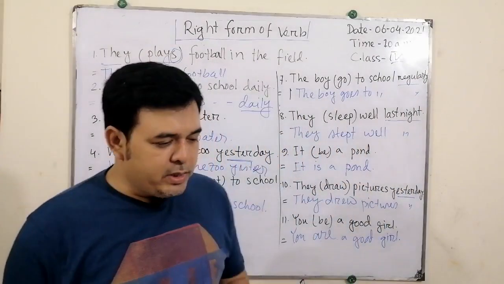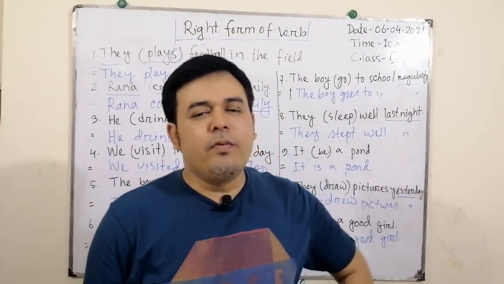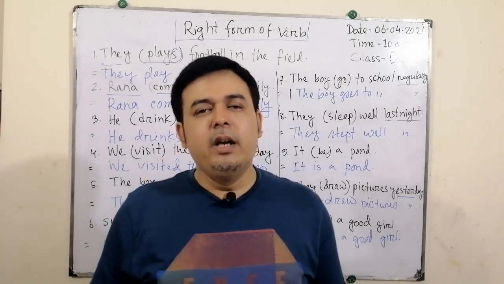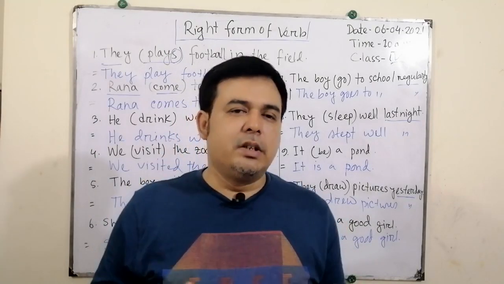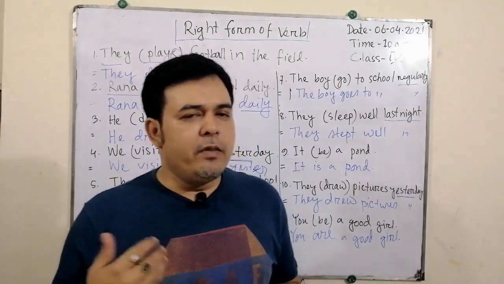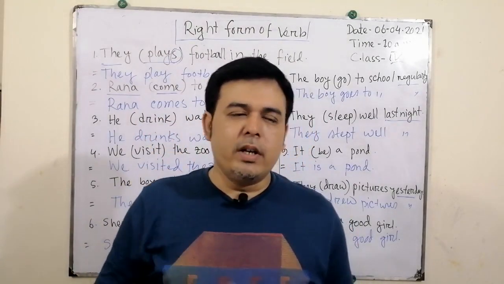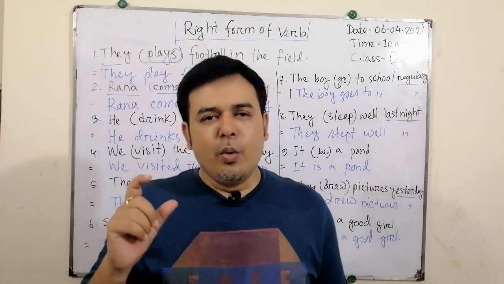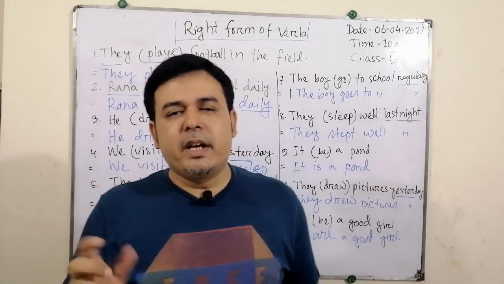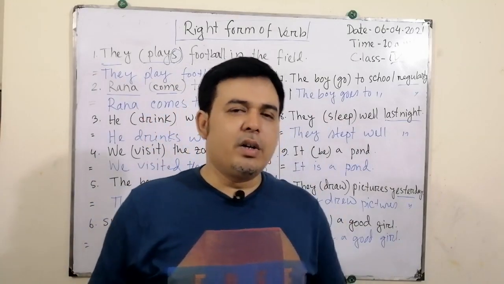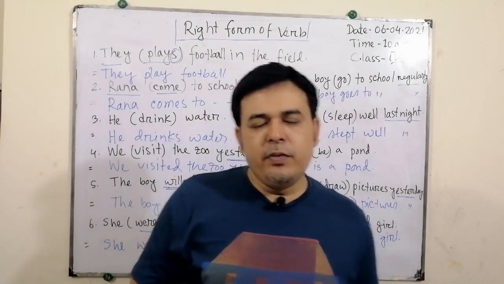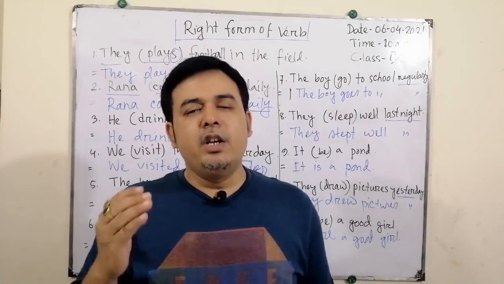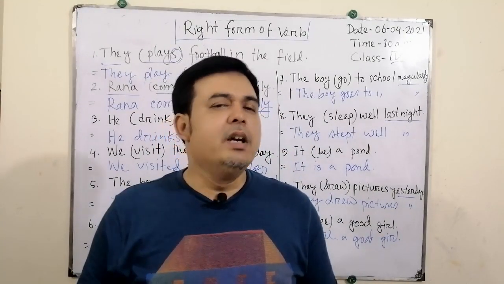So, my dear students, in case of right form of verb, I finally tell you some summary. If you just remember these key points, you will never make a mistake in that item. The first one is you have to find out the indicator, which indicator indicates the sentence to which tense. For present indefinite tense you will get today, every day, regularly, generally, normally, actually, usually, basically, this sort of word.